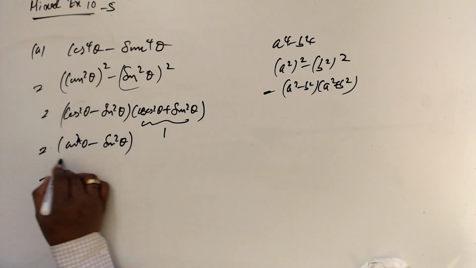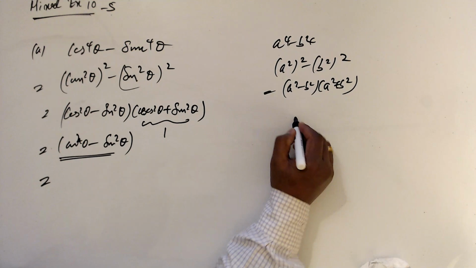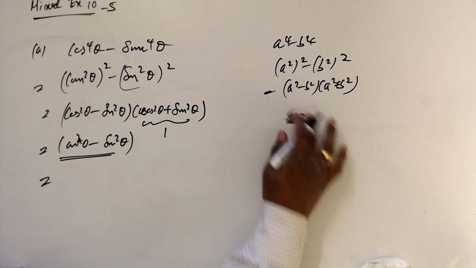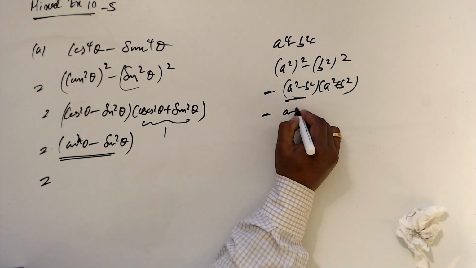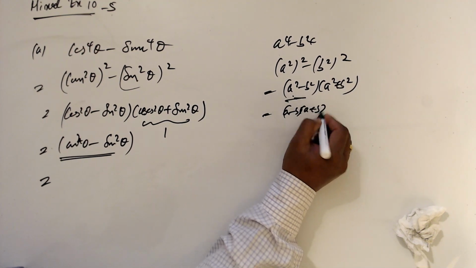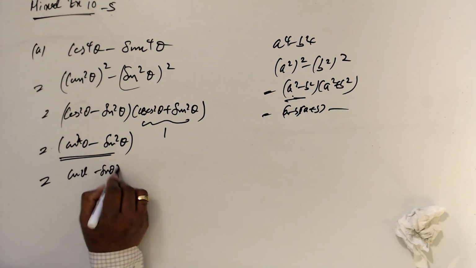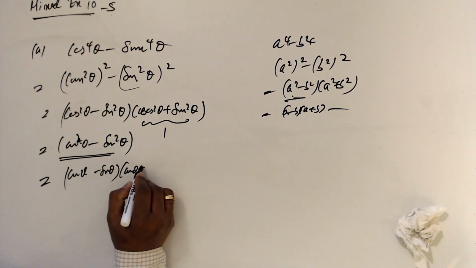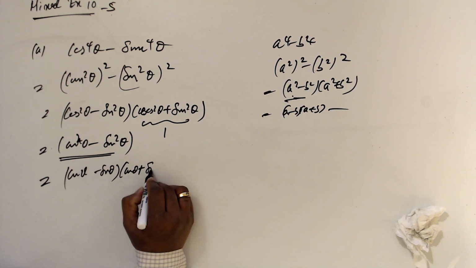So cos squared theta minus sine squared theta you can leave as it is, or you can again write it as a difference of two squares, a minus b, a plus b: cos theta minus sine theta, times cos theta plus sine theta.